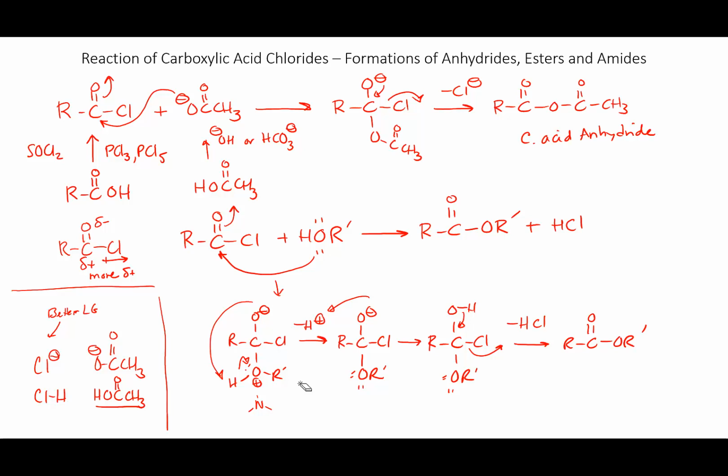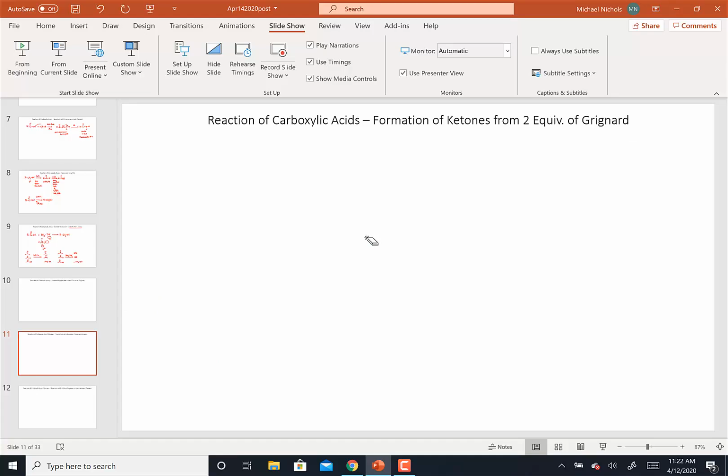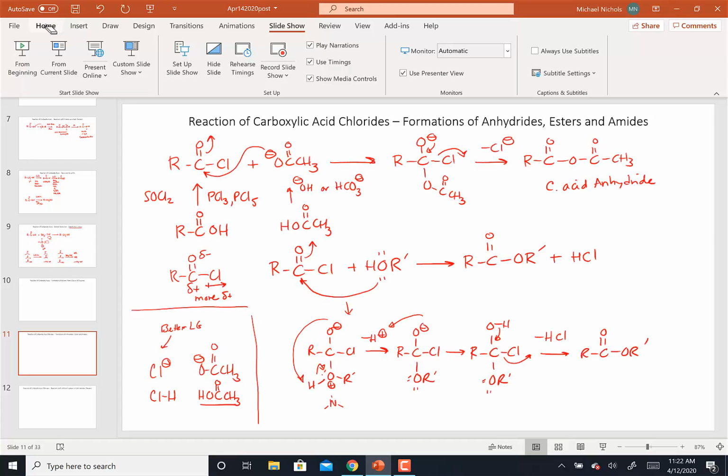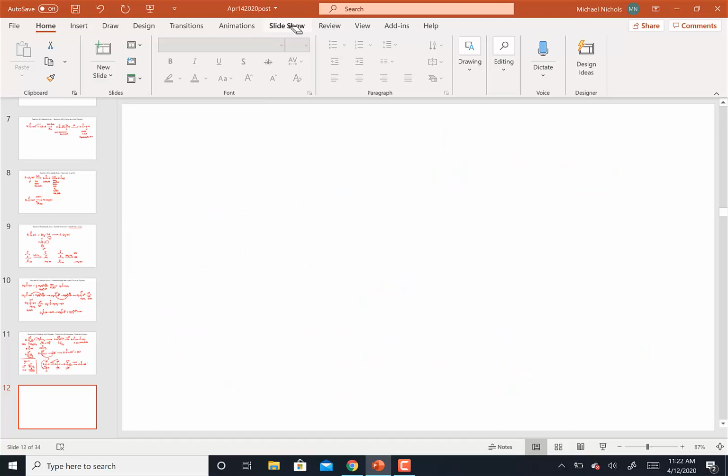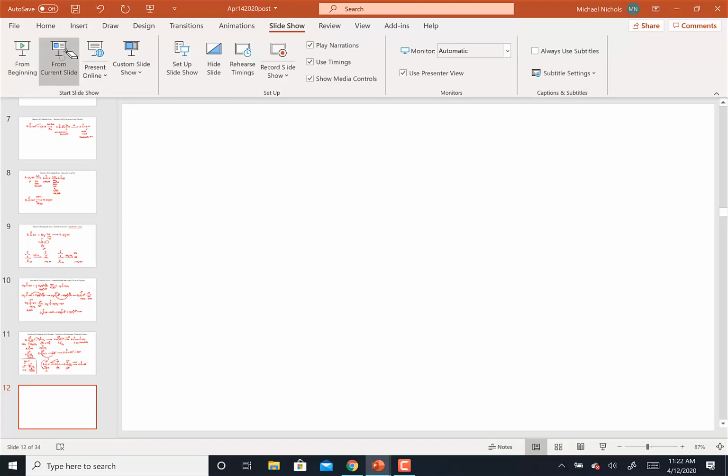For amides, what would I do? I basically would do the exact same reaction. So let me get a new slide here. Then go back and pick it up.